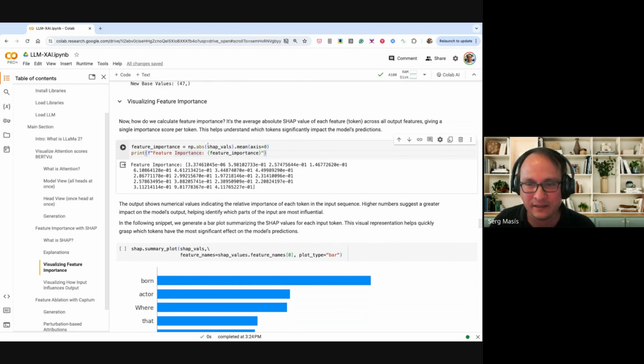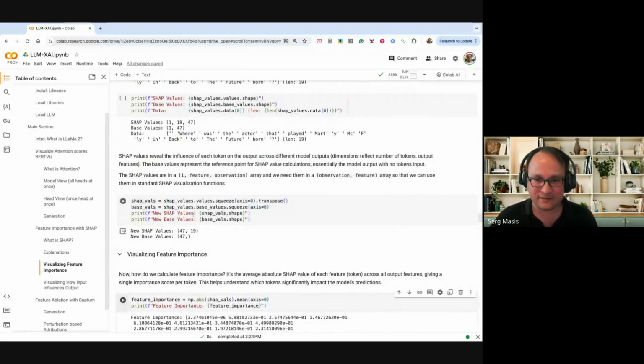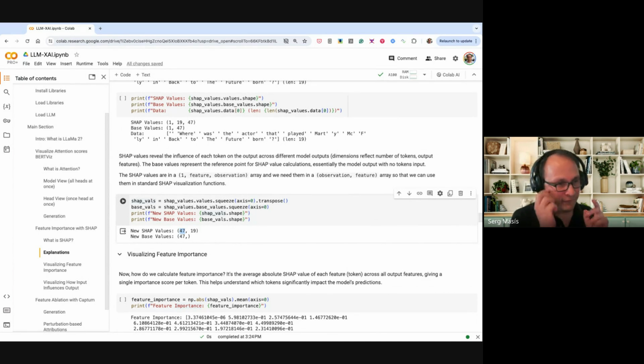So how do you calculate feature importance based on this? Imagine you have this matrix. You got 47 numbers that represent the 47 tokens that were outputted. Those are the 47 observations.